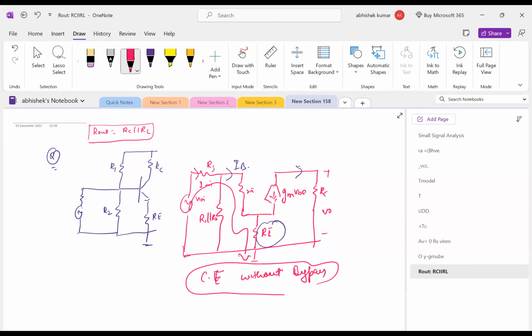After that, you have two more configurations, common base and common collector. You can practice those three. If you can Google it, common emitter without bypass voltage gain input impedance, you will easily get it, and you can practice your question paper. If you are getting good and fair results, it is well enough. There will be no issue.